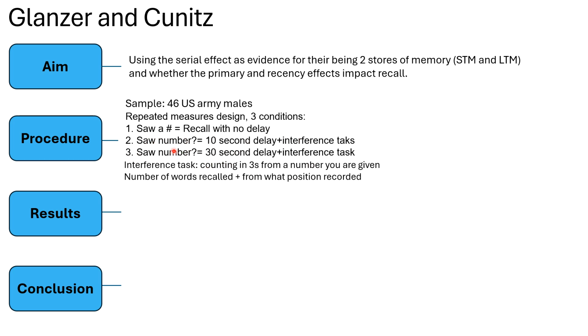They could see a number and have a 10-second delay plus an interference task, or see a number but have a 30-second delay with that same task, which involves counting in threes from the number that they were given. So researchers recorded the number of words recalled per participant and from what position.